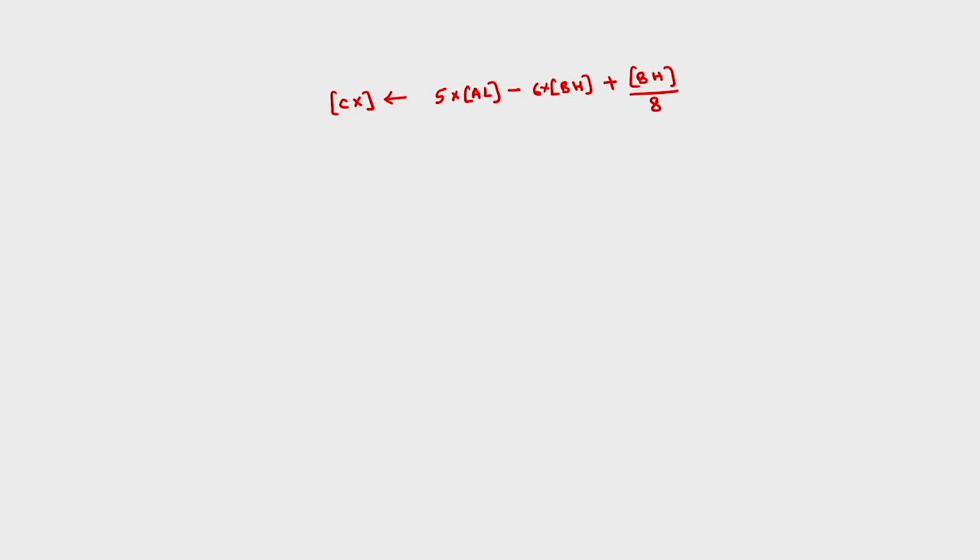Okay. So we will be given the AL value and BH value, which are registers inside the 8086. You multiply AL with 5, multiply BH with 6 and divide BH with 8. So you add 5AL, subtract 6BH and store that result in CX. Here there is no need to assume any locations because the AL data and BH data are already available in the microprocessor.